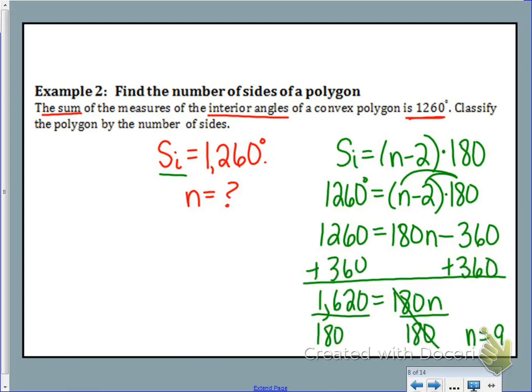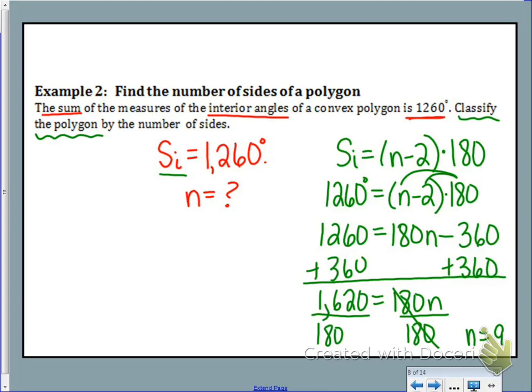Okay, you should have found n is equal to 9. If you did not, please pause the video again and look back at my steps algebraically to see where your mistake might have been. And if you still can't figure out what that is, please let me know tomorrow in class. So we found n is equal to 9. But if you look, it says to classify the polygon by the number of sides.